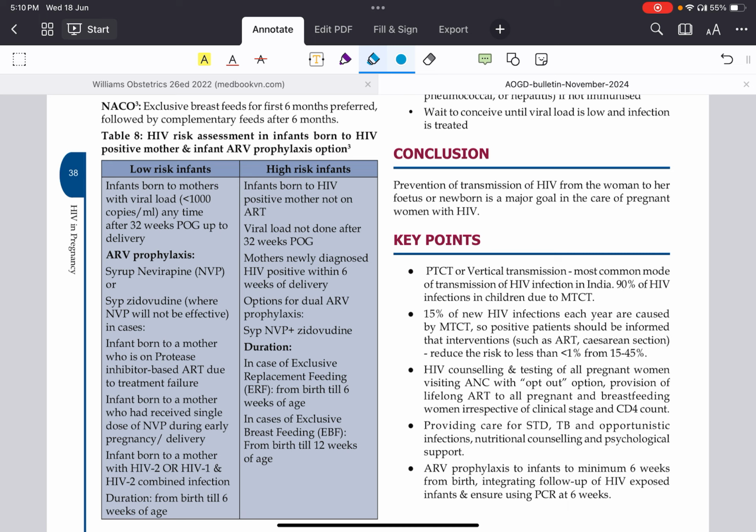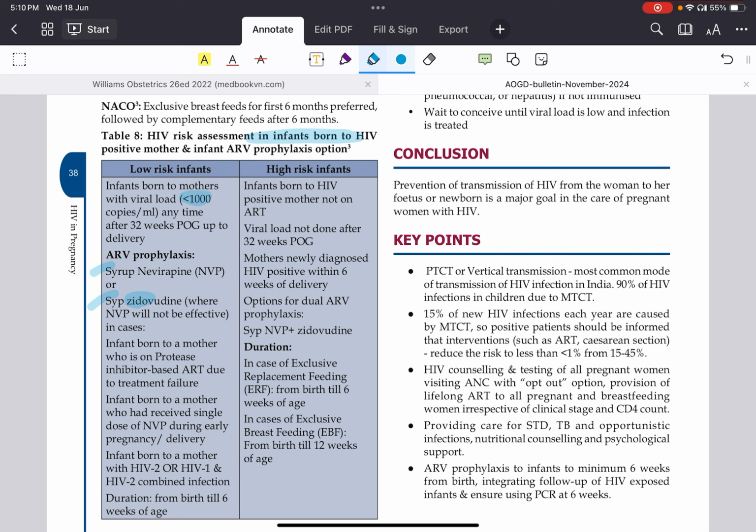Now I will tell about infants born to HIV positive mothers, what you will do. Infants born to a mother with viral load less than 1000 are given syrup nevirapine or syrup zidovudine, where nevirapine is not effective.